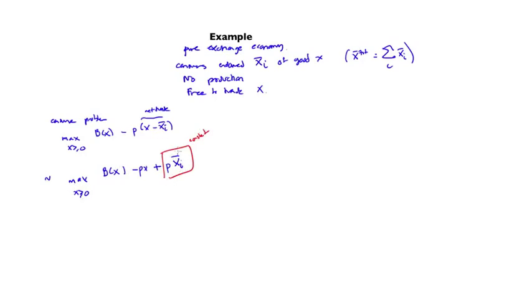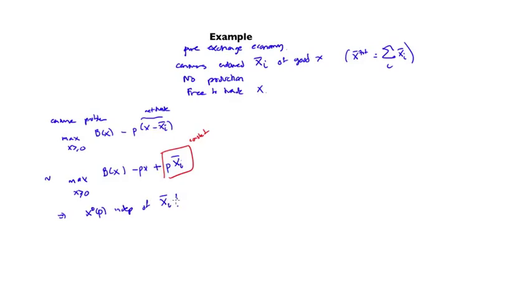This looks just like income or wealth for the consumer. So that implies that what the consumer demands as a function of P is independent of X bar I, how much it gets.